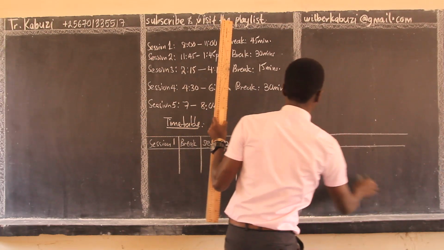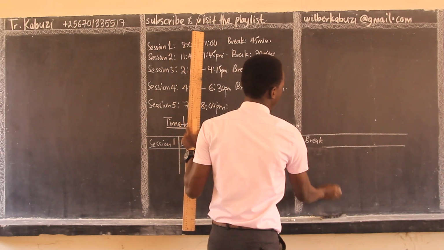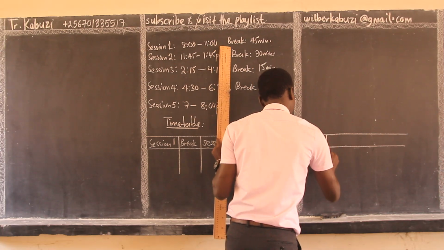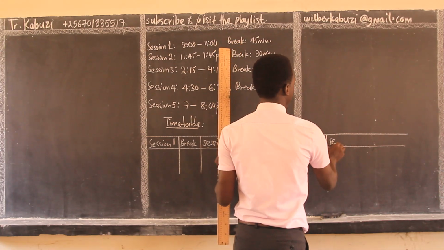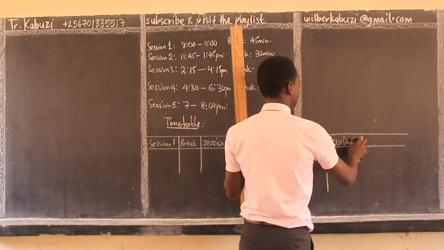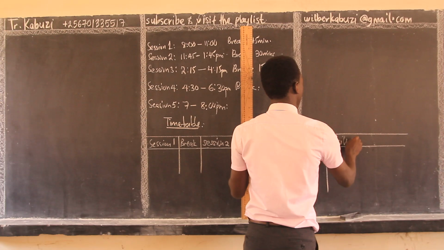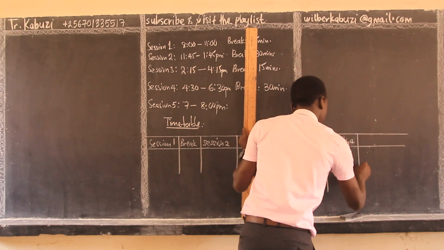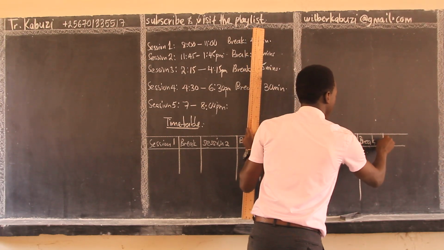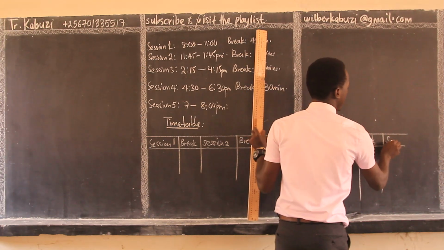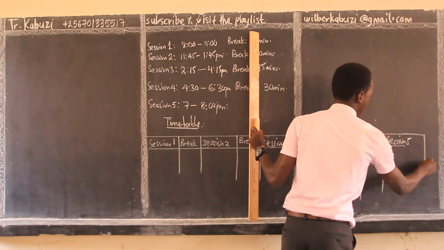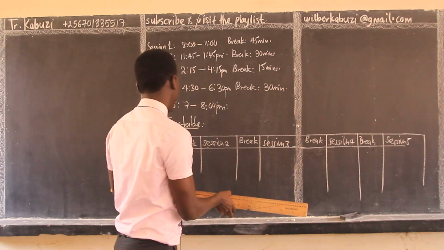Sorry, got to be a bit uniform there. Then I put my break. Come to my session 4. Then a break. Then lastly, I come to our session 5. That will be the end of the story.